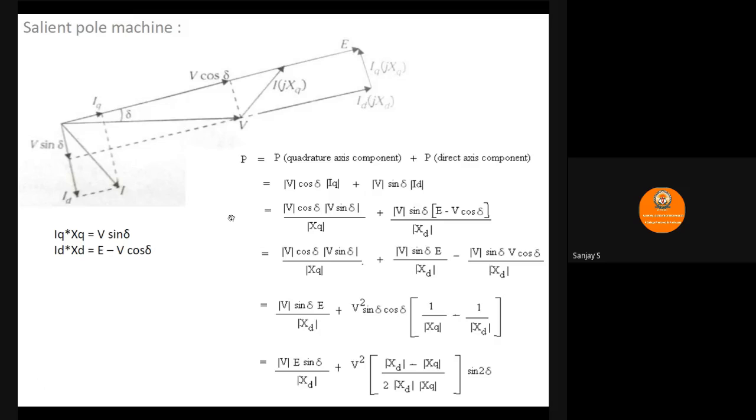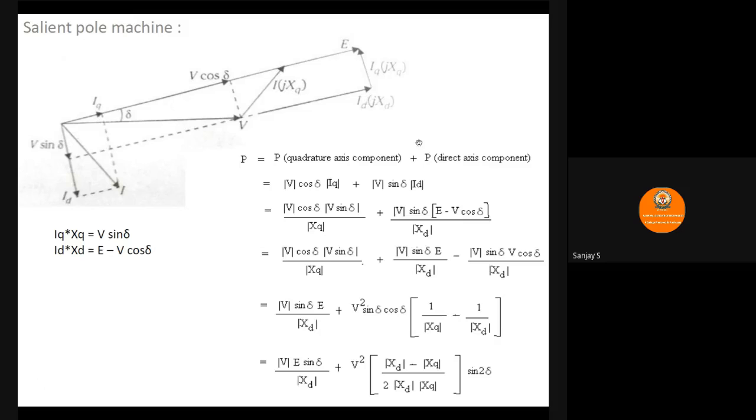Quadrature axis component comes into picture whenever you're dealing with reactive power, that is the magnetizing component of current. Direct axis component refers to the real axis, or say the core component of current.